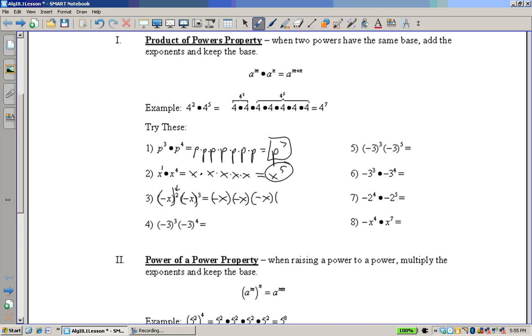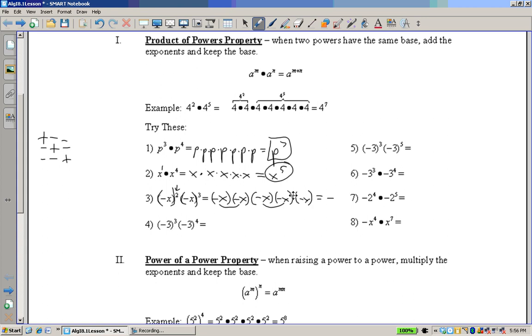1, 2, 3. And you can see, remember we have the little chart here. A positive times a negative is a negative, negative times positive is negative, negative times negative is positive. So a negative times a negative is a positive, and then you have one negative left over, so that makes the whole thing negative.